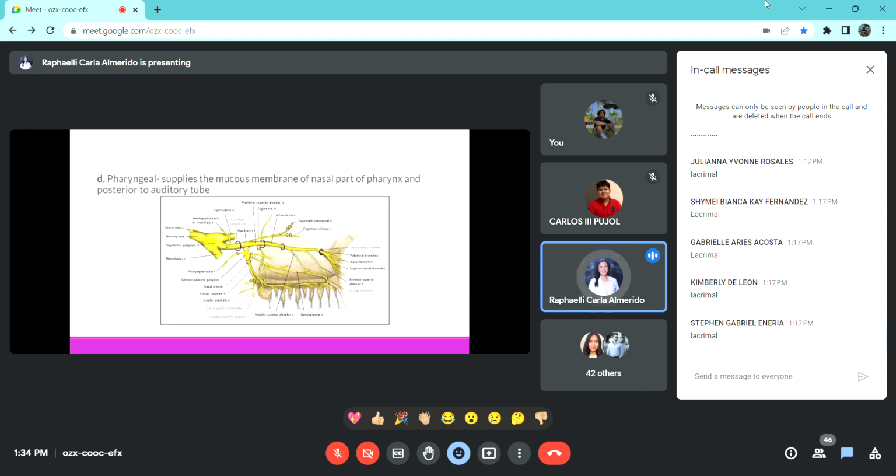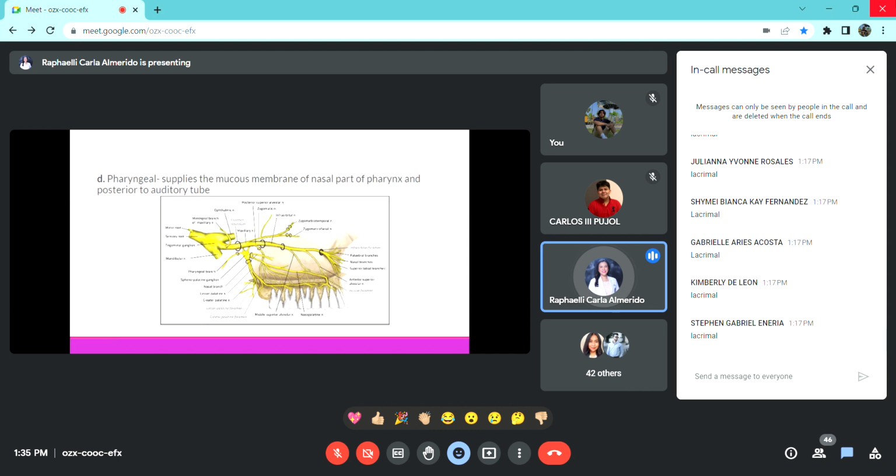So again, we are still at the pterygopalatine fossa. So you have your zygomatic nerve, the parts of your sphenopalatine ganglion, and your nasopharyngeal nerve. So you also have pharyngeal branches.